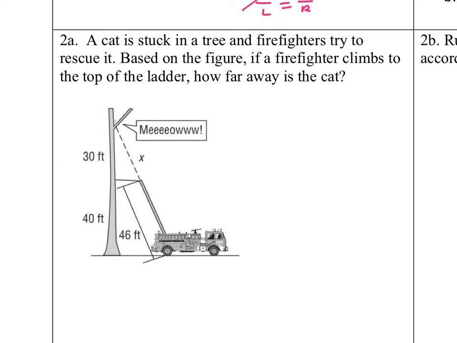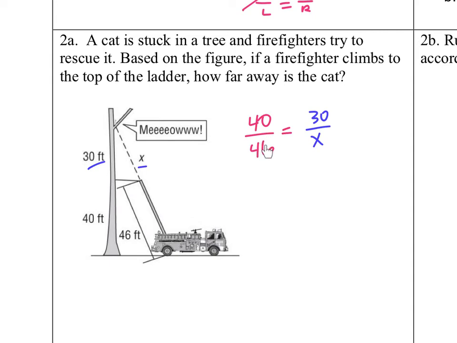So let's set up our proportions. Okay, we're going to say that the base down here, the base of our tree, 40, over the length of the ladder, 46, is going to equal the top portion of our tree, 30, over X, okay, the top half of our ladder. So now that we have our proportions set up, I'm going to say this ratio right here can actually reduce.